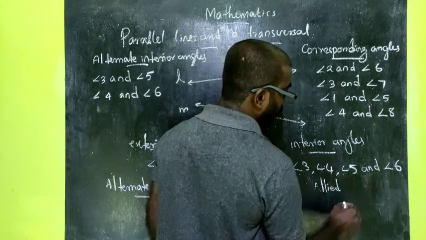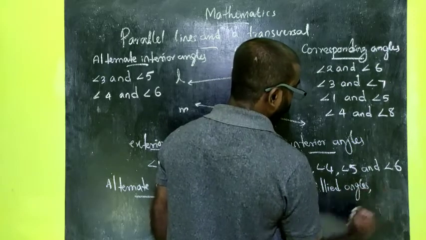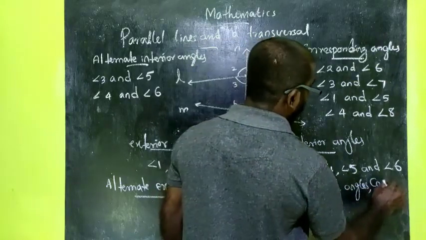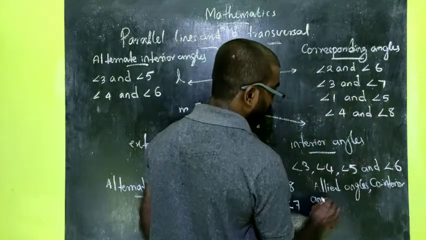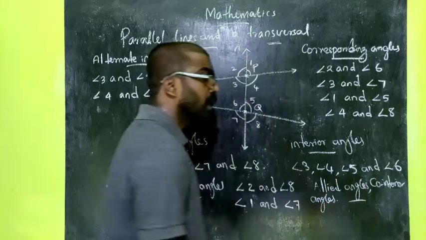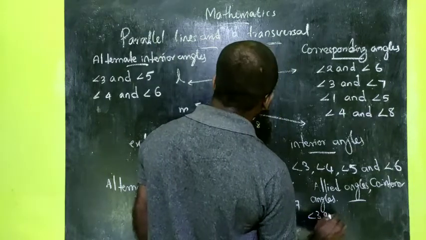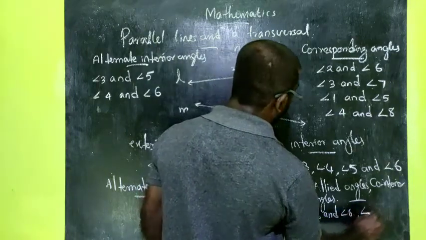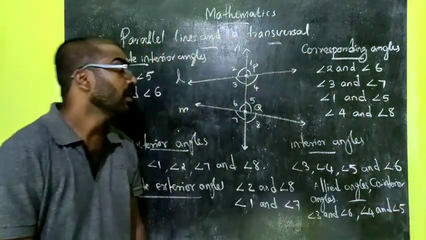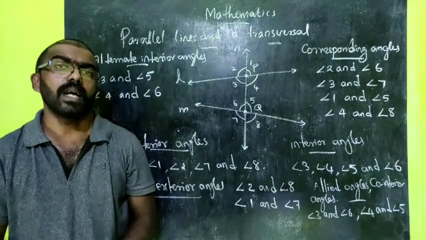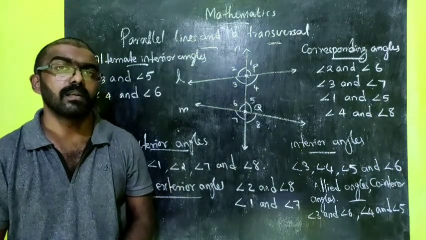There are different names for interior angles on the same side of the transversal. Here angle 3 and angle 6, then angle 4 and angle 5. Okay, so these are the different pairs of angles formed when two lines are intersected by a transversal. Clear?